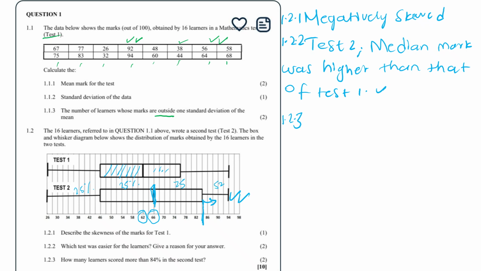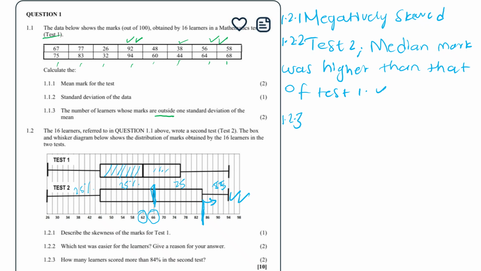Q1, Q2, Q3, minimum and maximum, right? Therefore, now to find the number of learners who scored more than 84%, which is on our Q3, right? Therefore, now here it is 25% of the learners who scored more than 84%, from Q3 to the maximum.